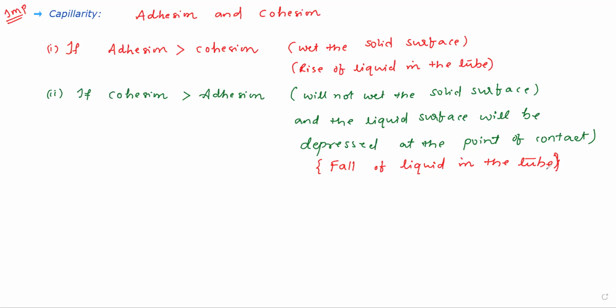So here the very important point that we need to understand is the phenomenon of rise or fall of a liquid surface. Let me write here. Two conditions are given. One is, if the adhesion is greater than cohesion, then the liquid wets the solid surface, right? And which causes the rise of liquid in the tube. If cohesion is greater than the adhesion, then the liquid will not wet the solid surface, right? And the liquid surface will be depressed. That means a fall of liquid in the tube will happen.